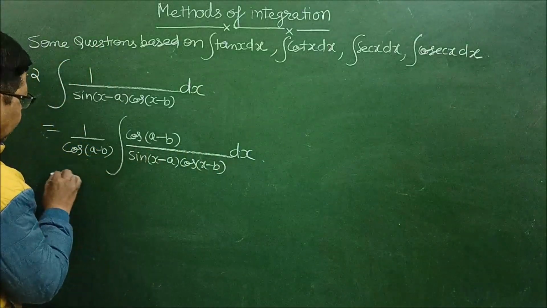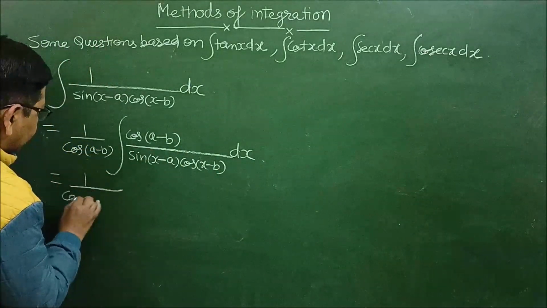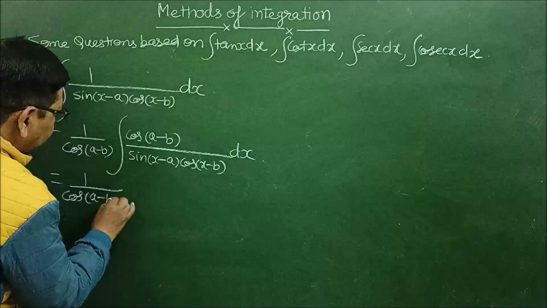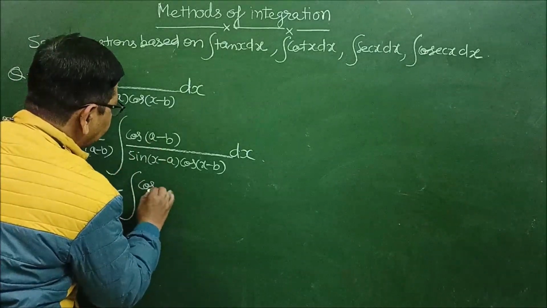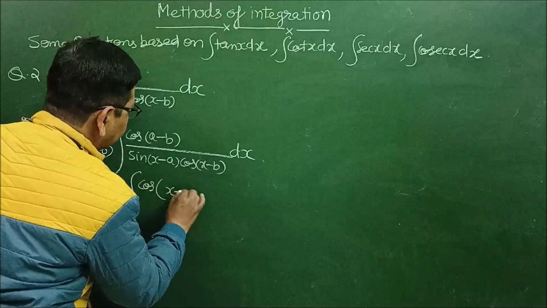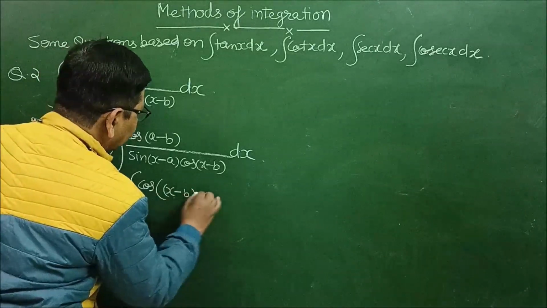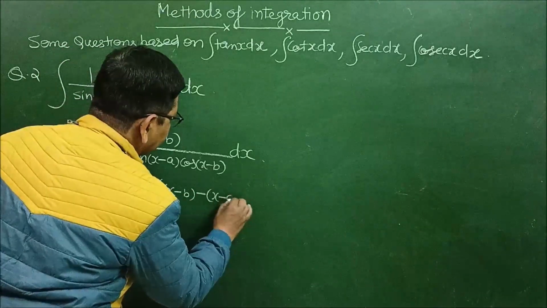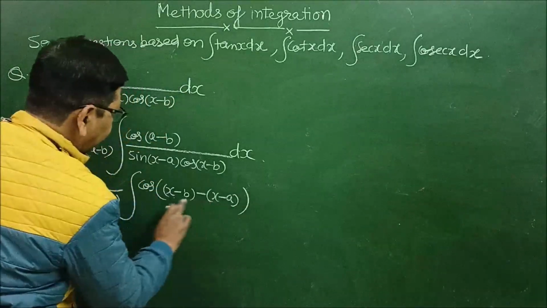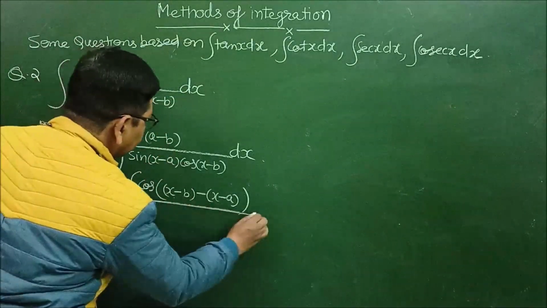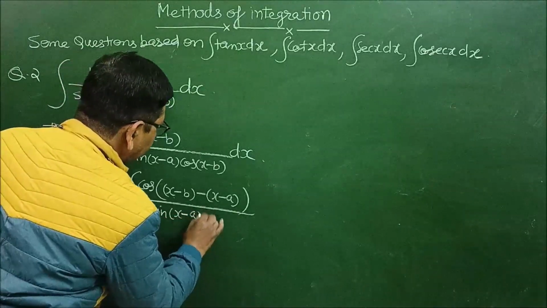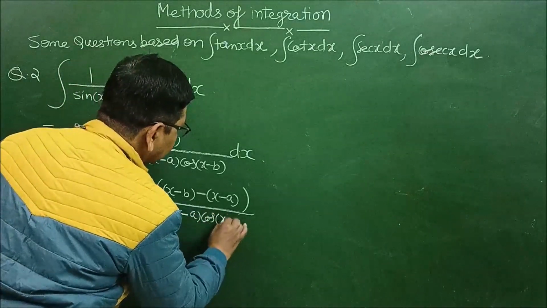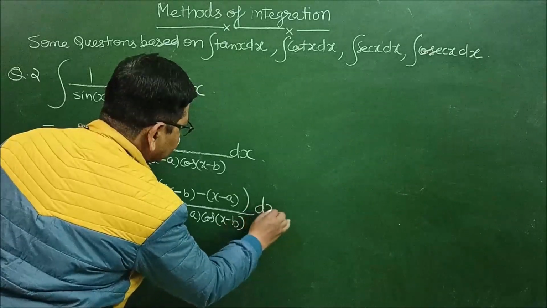Now this cos(a minus b) can be written as cos of (x minus b) minus (x minus a). So if you simplify it, you get cos(a minus b) upon sin(x minus a) cos(x minus b) dx.